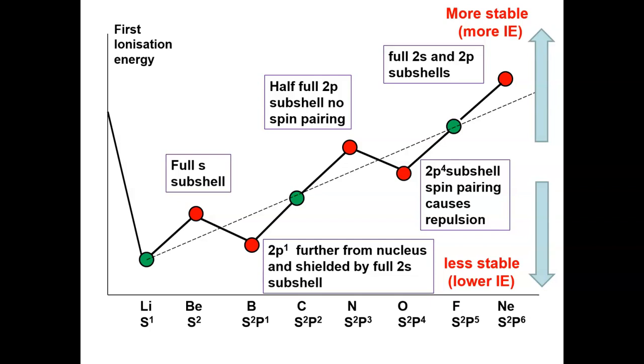So there's something special about the beryllium arrangement because it's higher than the lithium and the boron. There's something special about the nitrogen arrangement because it's higher than the others either side. And of course, neon, well, that's highest of all in this particular sequence.